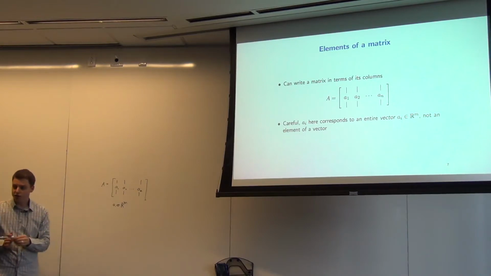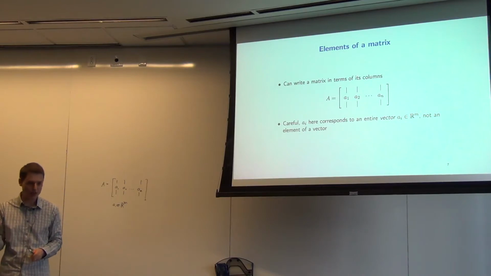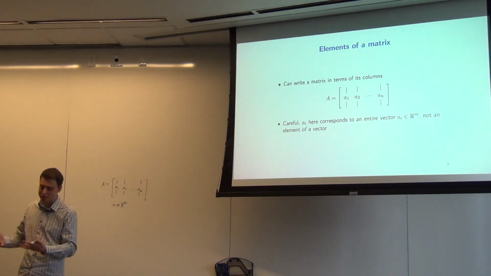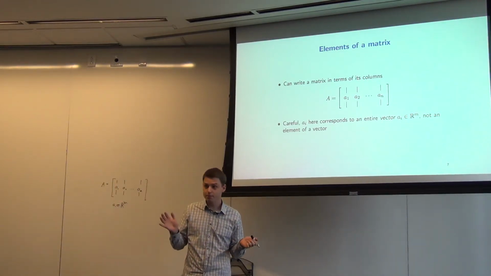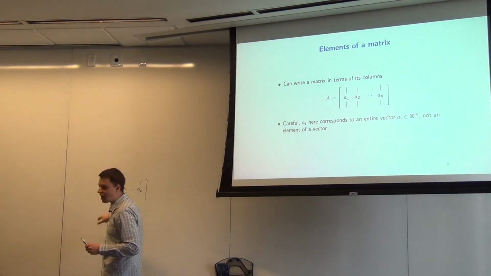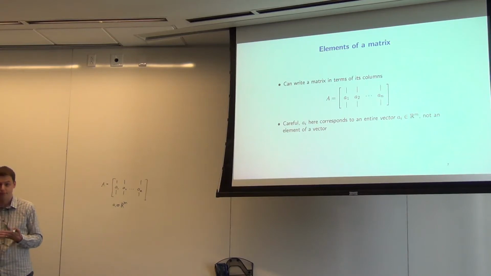This can be confusing at first, but there's no way around it, and you will see this notation used. Otherwise notation gets very cumbersome very quickly, so we want to use Ai to denote a vector sometimes, and sometimes an element in a vector.